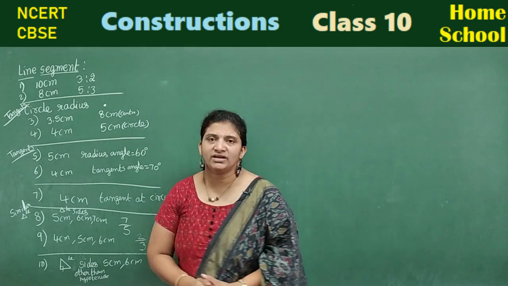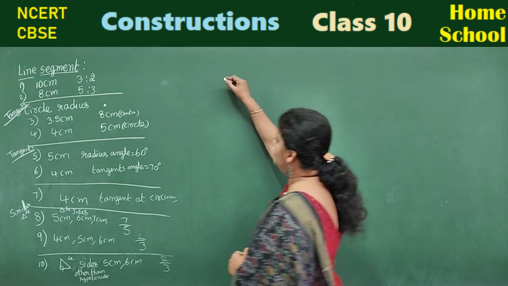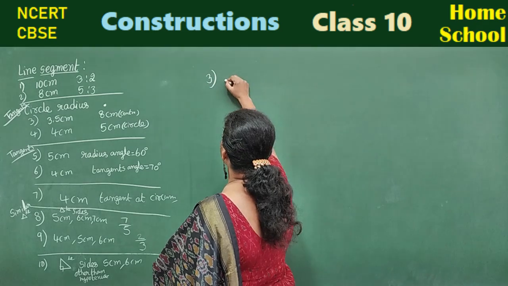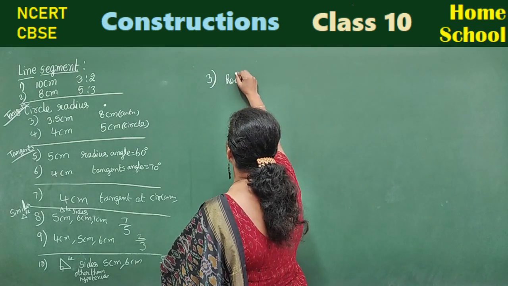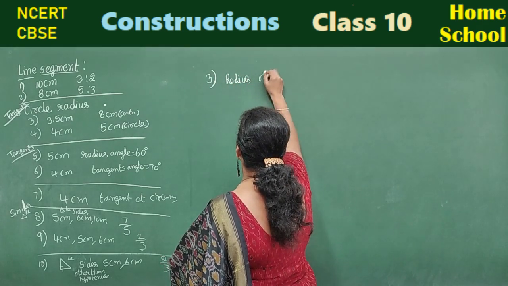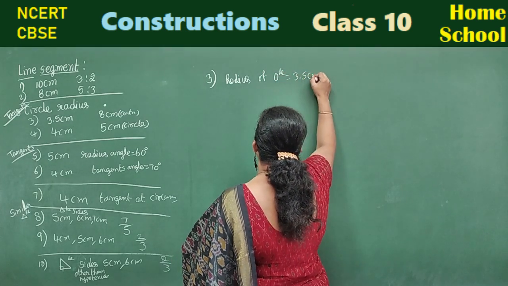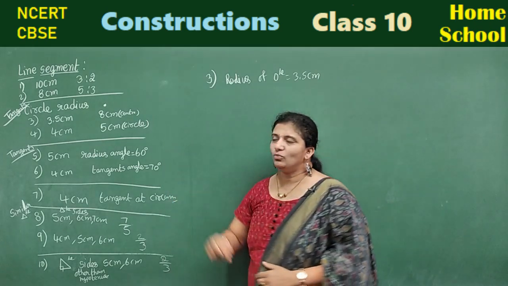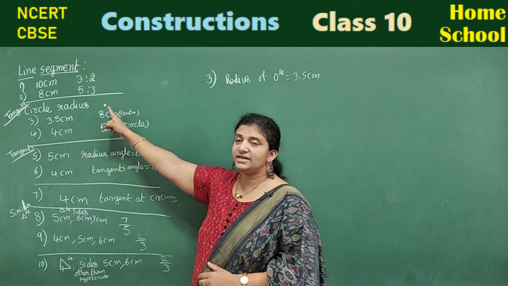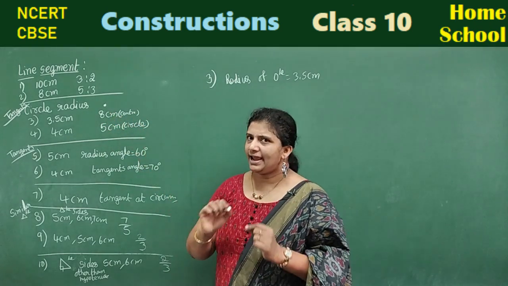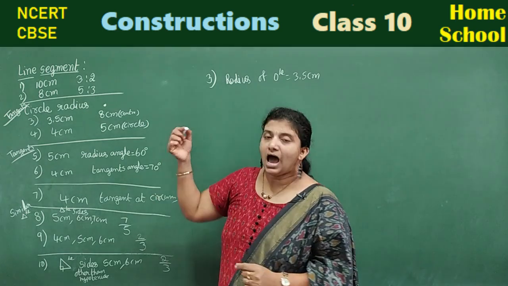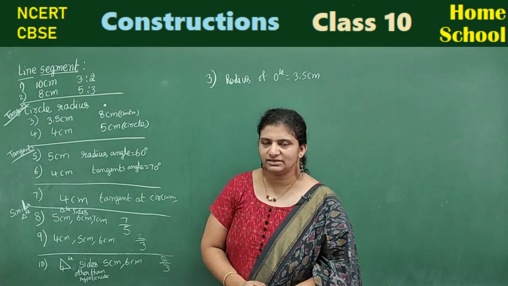What is the circle radius? 3.5 centimeters. Given radius of the circle is equal to 3.5 centimeters. And what is this? The external point is 8 centimeters away from the center of the circle.